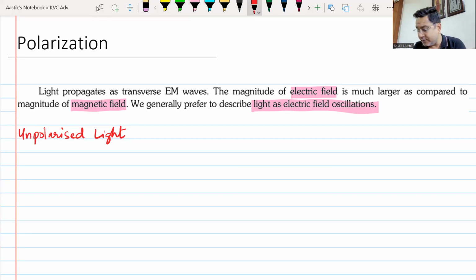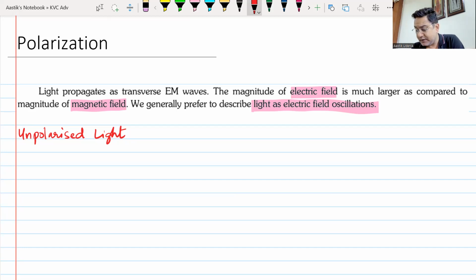If you remember EM waves, what is the relation between the three? How are they oriented? All are mutually perpendicular.